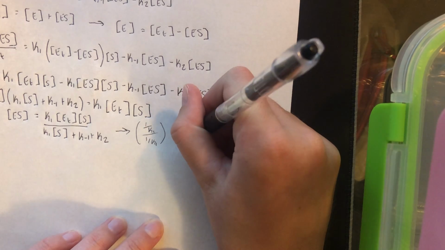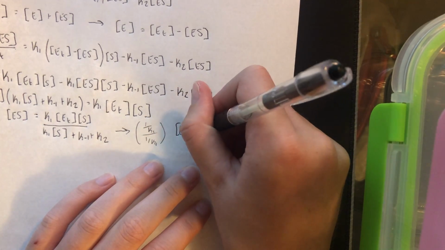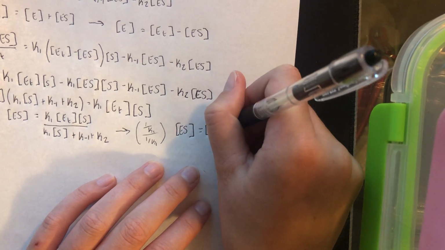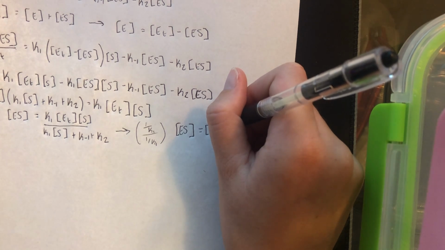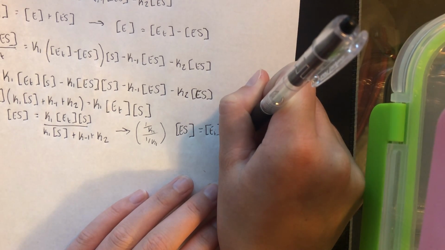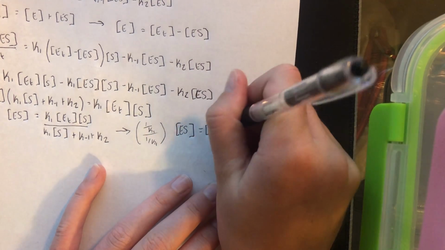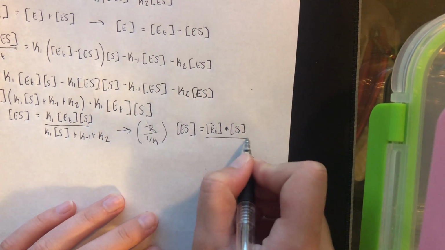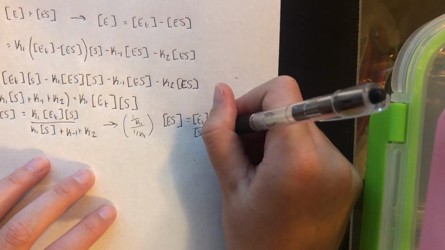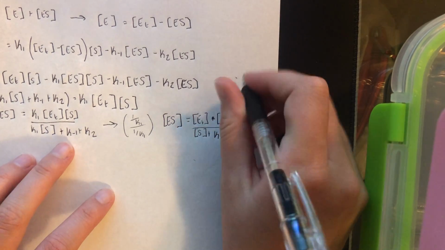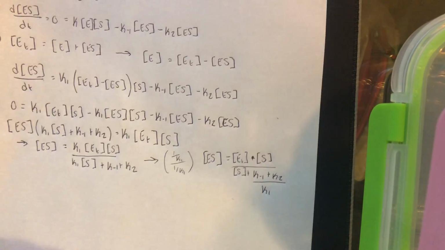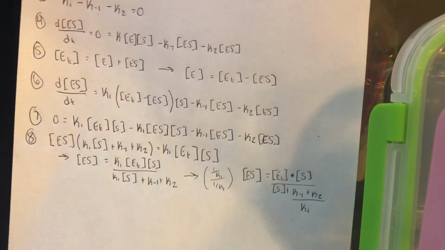Okay, so on this side we now have ES equals E total times the concentration of S over S plus K negative 1 plus K2 over K1. Okay, so that is what we have so far.